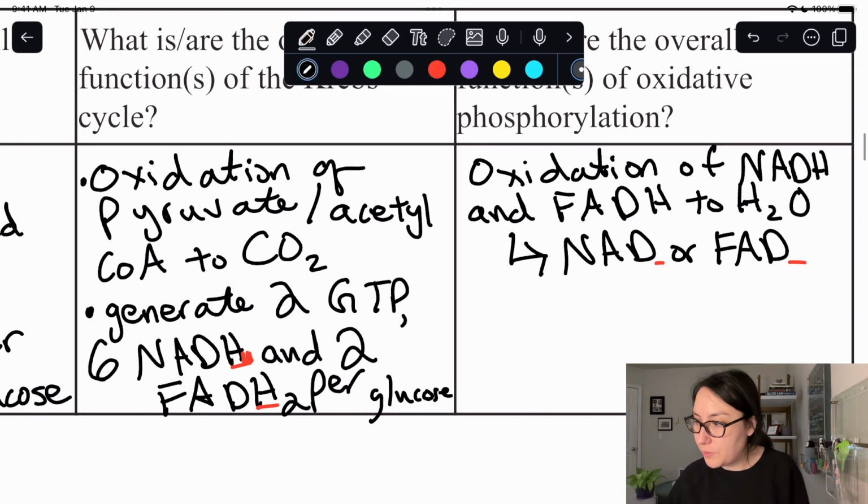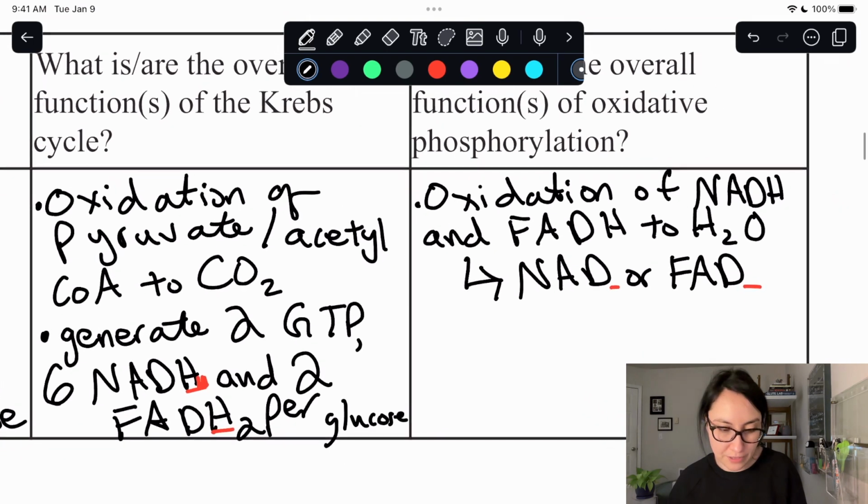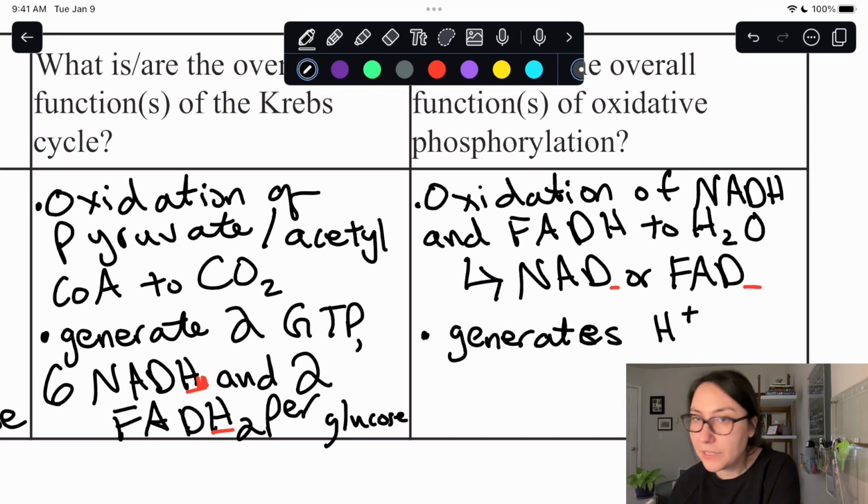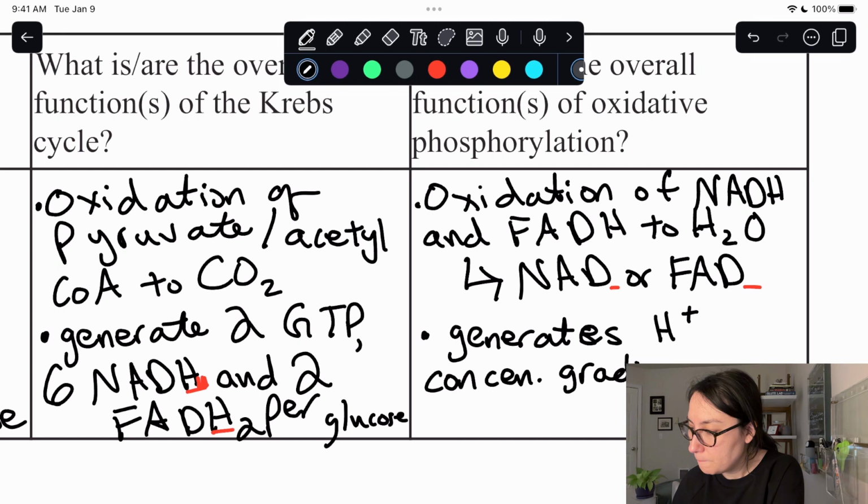So that is one. And the other thing we'll write down for what is the overall function is that it generates that H plus, so proton, H plus ion concentration gradient to form ATP.